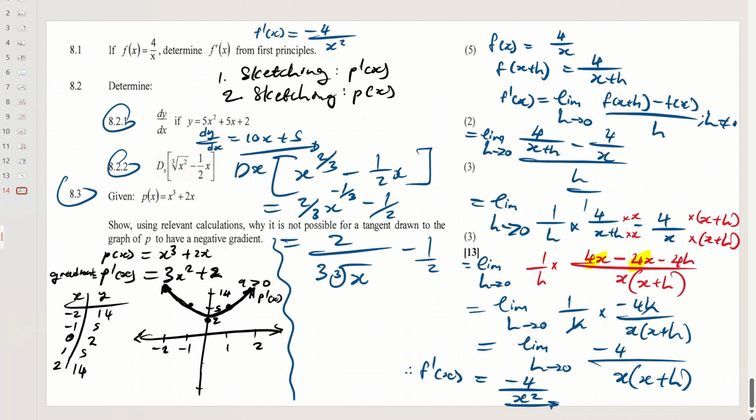Now, whatever value we plug in at x, whether it is a negative million or a positive million, you saw that the product is always positive.